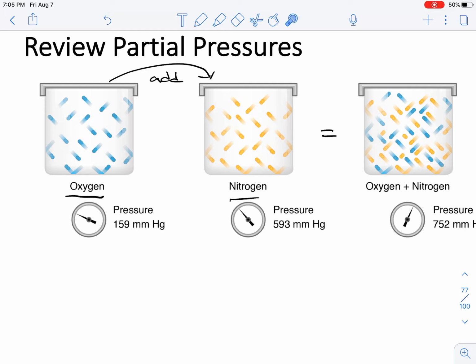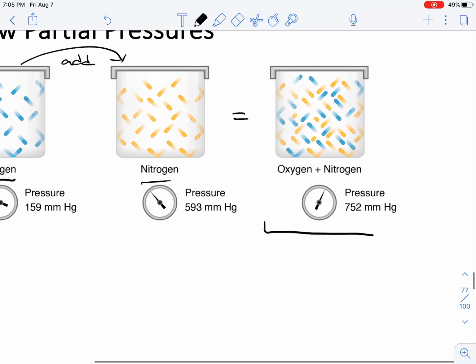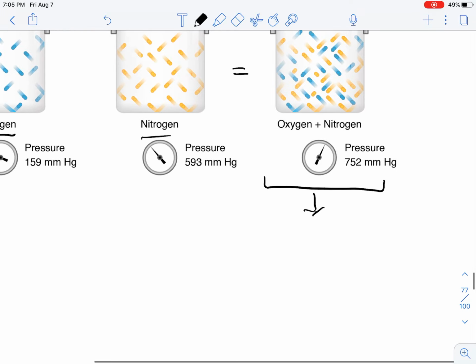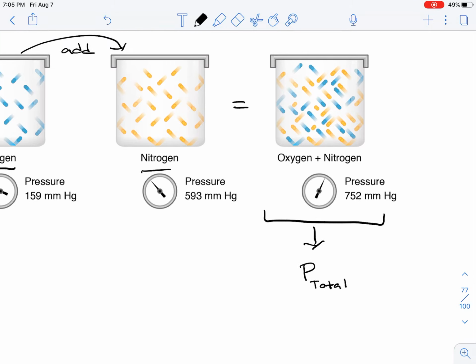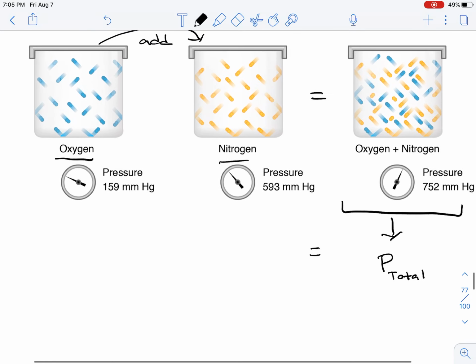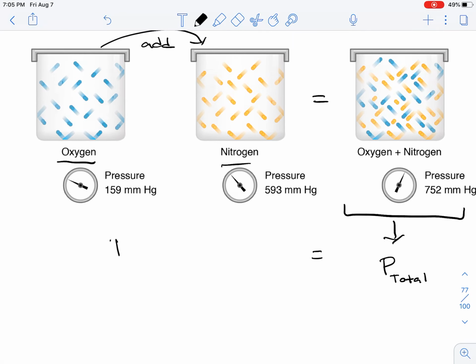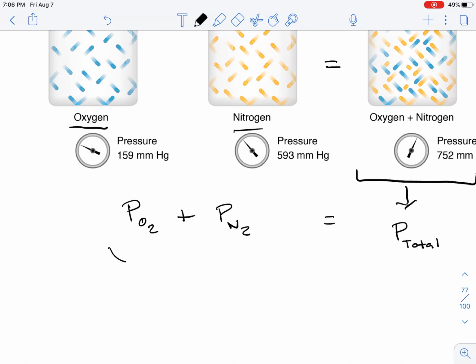We can summarize the total pressure of those gases as simply the sum of the partial pressures. So PO2 plus PN2 is equal to the total pressure. So it's the sum of partial pressures.